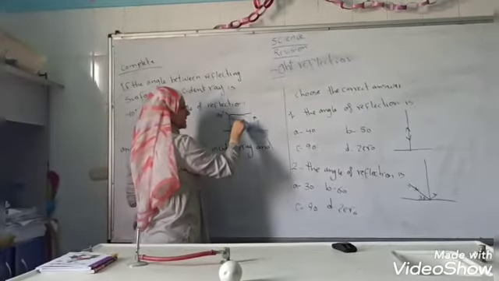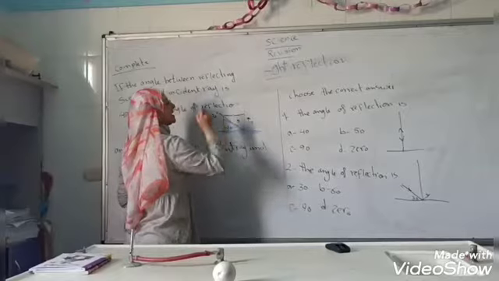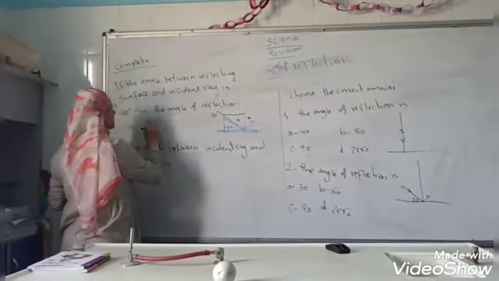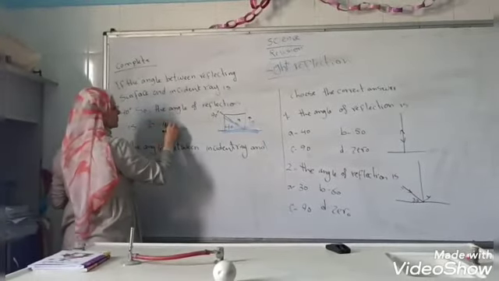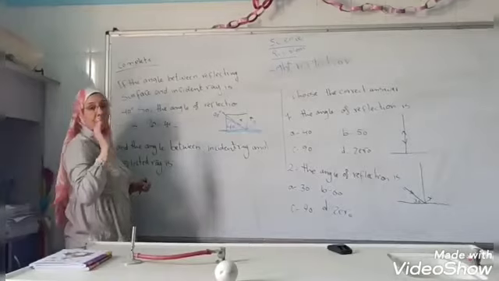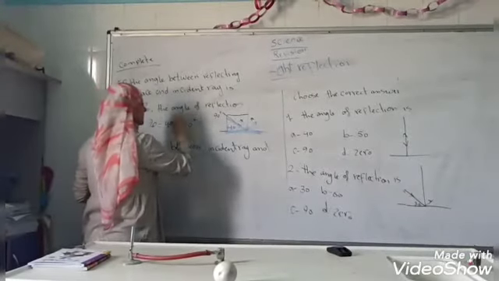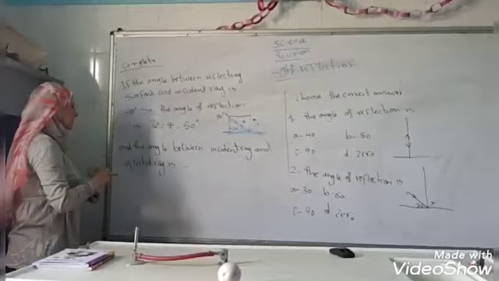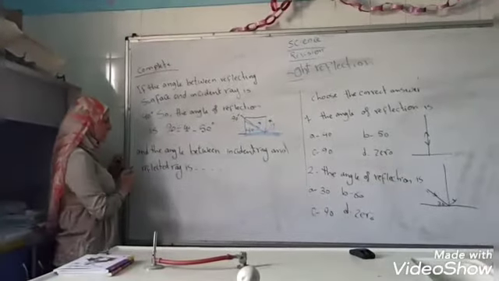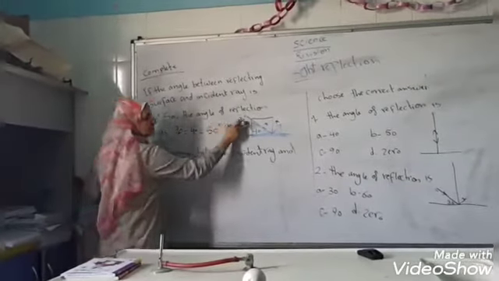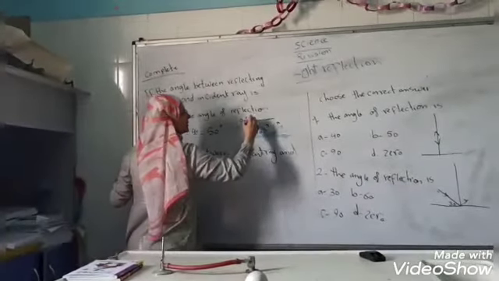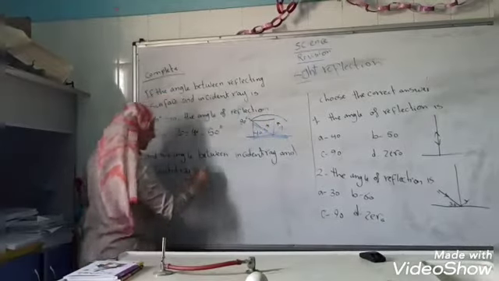So, we need to subtract: 90 minus 40 gives the angle of incidence, which equals the angle of reflection, with a value of 50 degrees. And for the remainder of the question, the angle between the incident light ray and the reflected ray, we add these values and get 100 degrees.